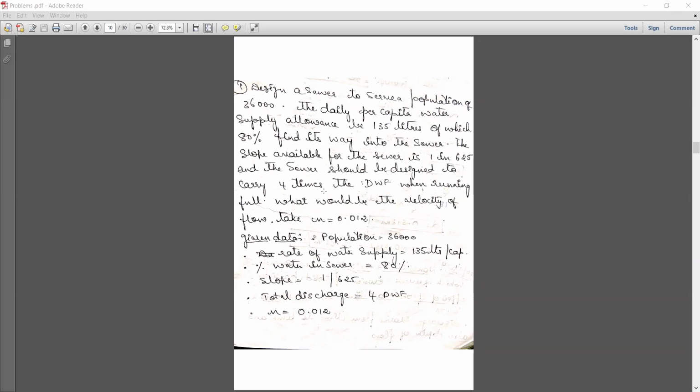When it is running full, that is the complete drain, what would be the velocity of flow? Take n equal to 0.012, where n is Manning's constant.